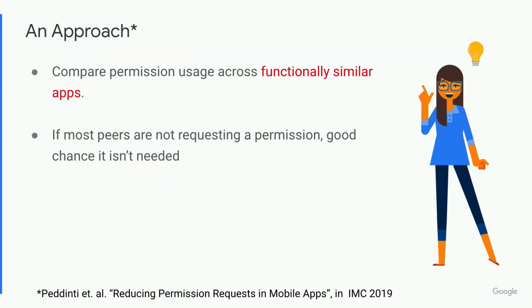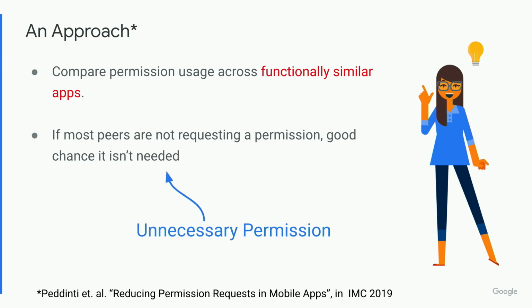What they did was really, again, the same kind of thing about comparing you to your competition. So we looked at functionally similar apps, and the idea was that if none of your peers, not just all the apps in the category, but people that are functionally doing the same thing as you are, if others are not requesting it, so if lots of Sudoku games don't ask for your location and you are asking for it, we can tell the developer, your peers aren't asking for this.